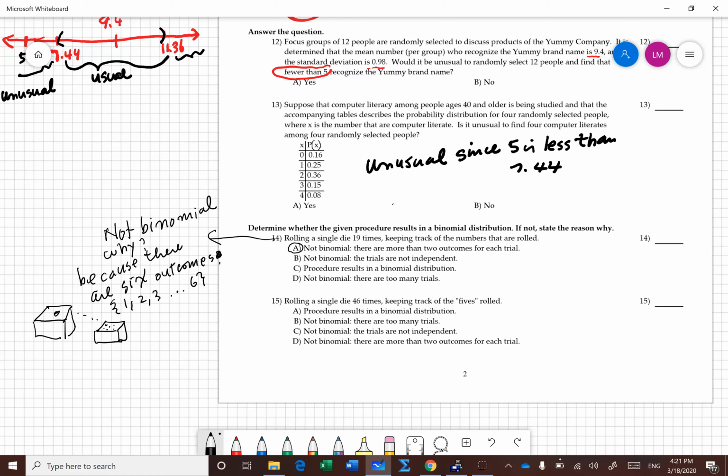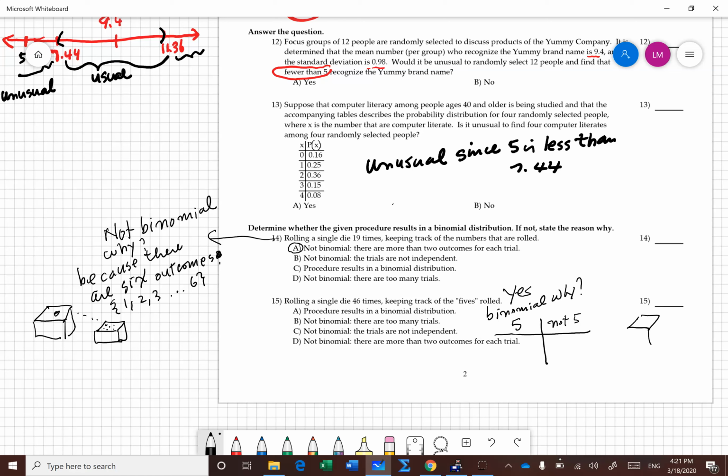Rolling a single die 40 times, keeping track of 5. This is yes, binomial. Why? Because you get either 5 or not 5.